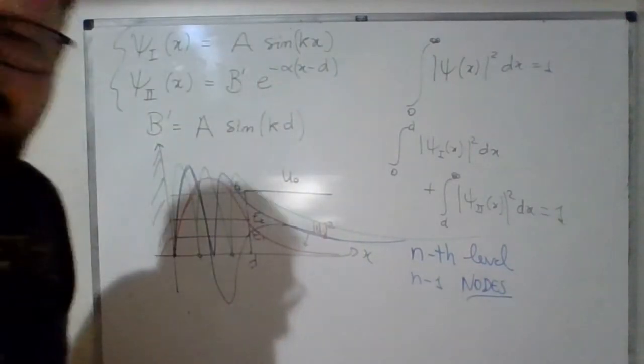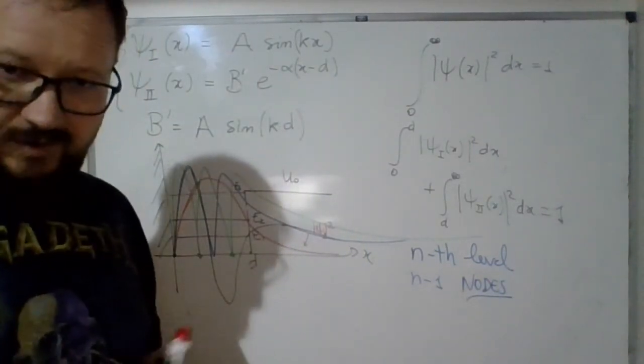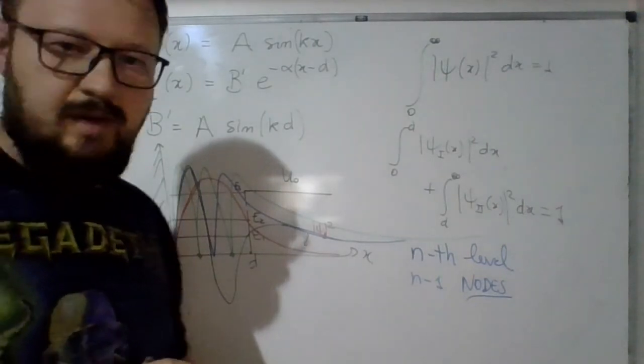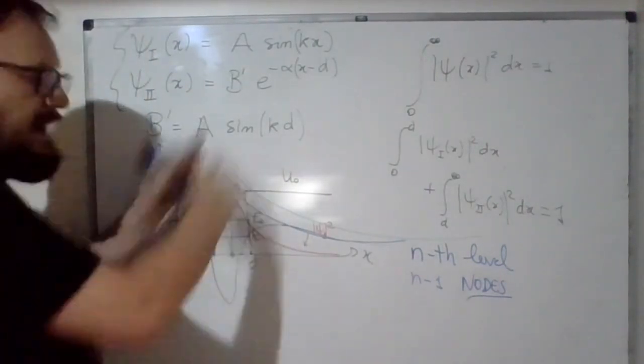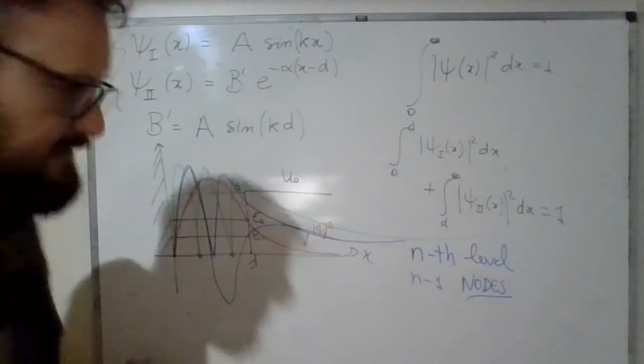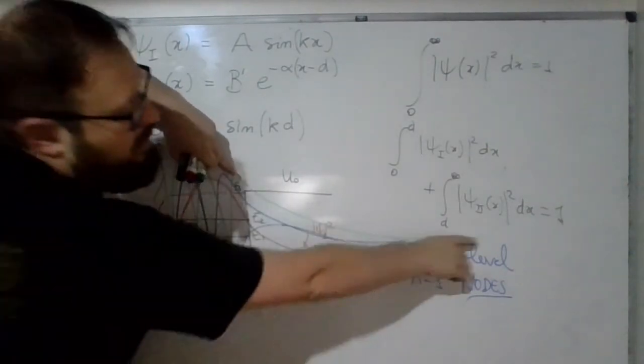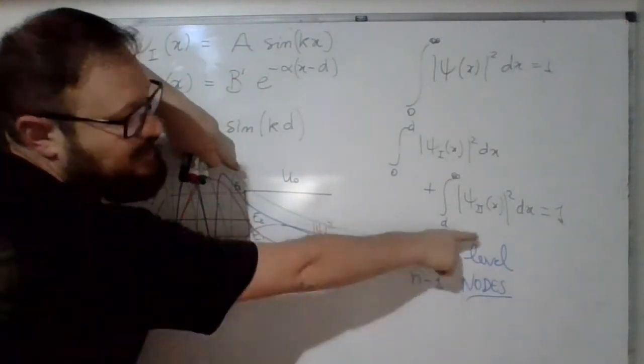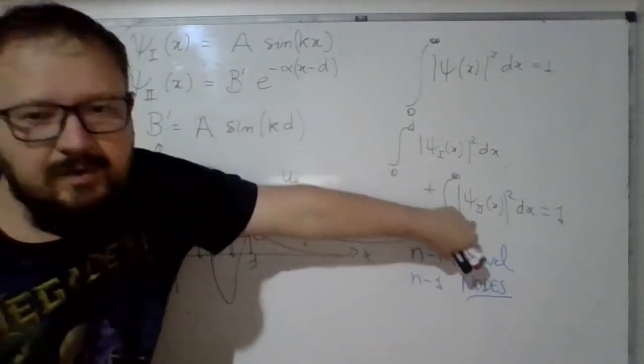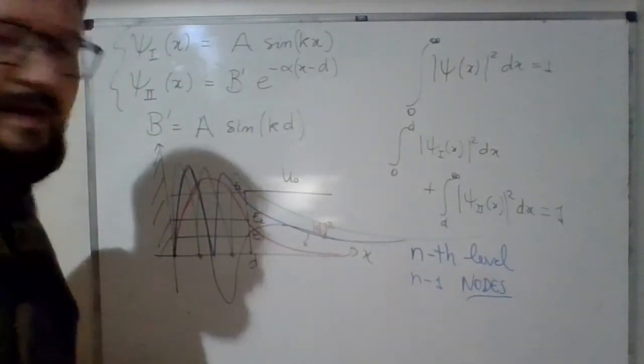This is a feature of the solutions of this quantum mechanical problem. All right, and the higher the energy level is, the larger is the probability of finding the particle outside the box.